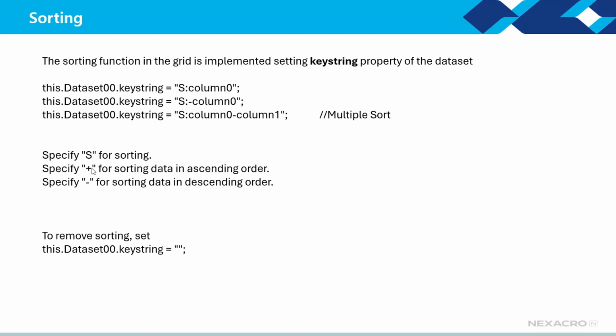If we omit the signs, like here, by default, it is in ascending order. You can also combine columns to do a multiple sort. The syntax is S colon column ID 1 and plus or minus column ID 2, and so on. If you want to remove the sorting, you can use an empty key string.